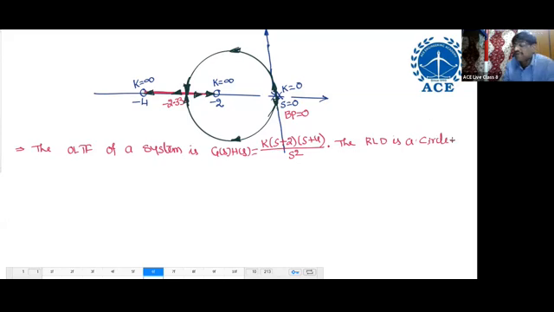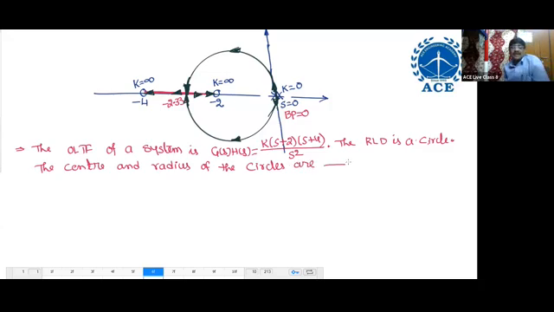They'll mention the shape of the diagram, you need not worry. They'll mention the RLD is a circle, and ask for the center and radius of the circle.